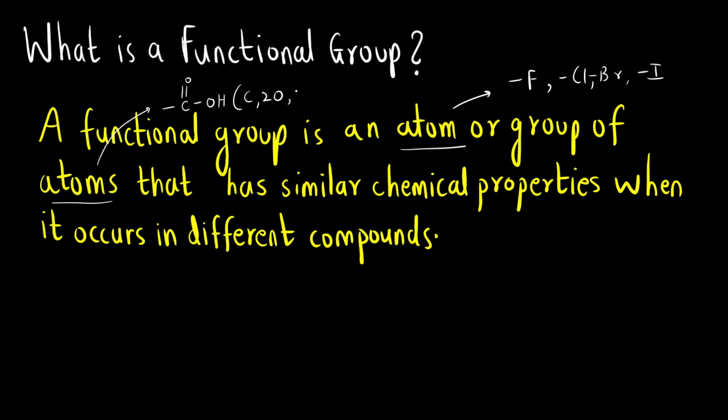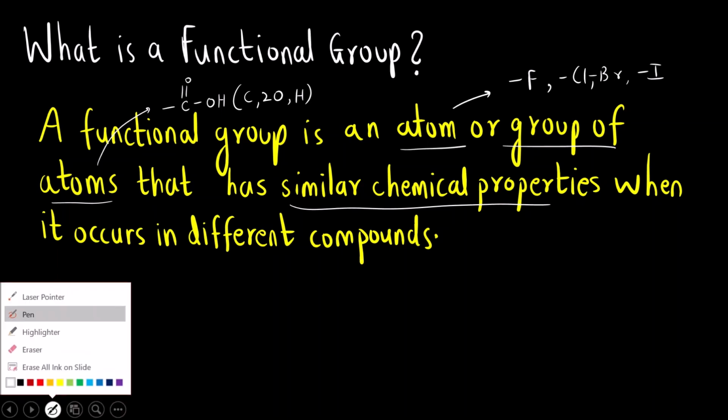Carbon, two oxygens and one hydrogen. So a functional group can be a single atom or a group of atoms that show similar chemical properties. It means wherever one particular class of functional group is present, they will show the same chemical properties whenever they are present in different compounds.